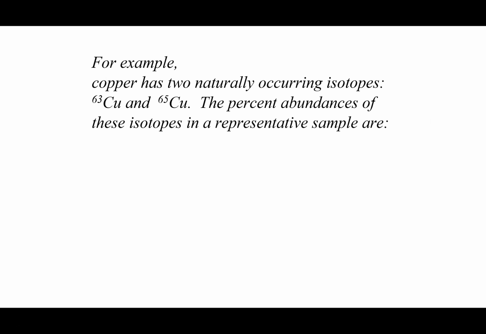So for instance, copper has two common isotopic forms. Notice we've talked about this convention where we have the symbol of the element Cu, and in the upper left-hand corner, we have the mass number. So we have copper 63 and copper 65. If there are only two isotopic forms, what should their percent abundances add up to be?